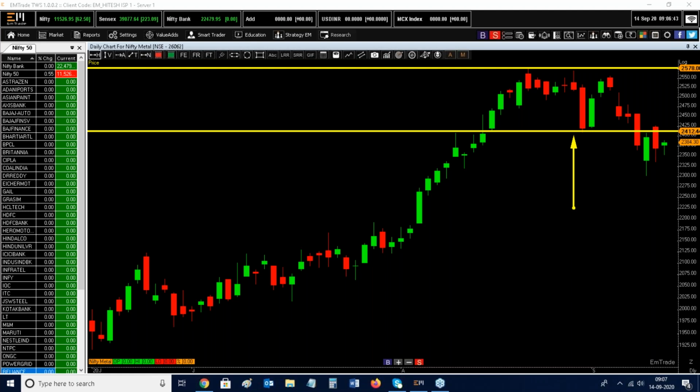The pre-opening is showing market will gap up or open on a strong note, because Nifty is 60 points up.